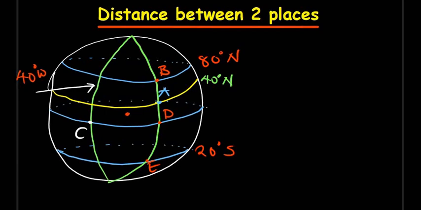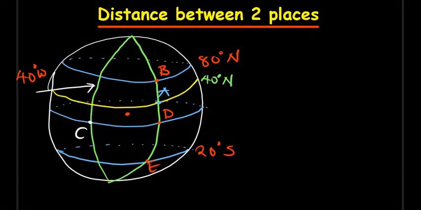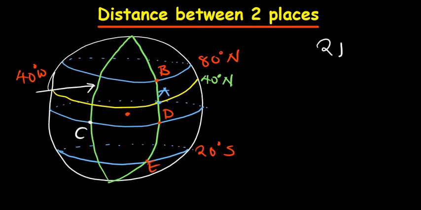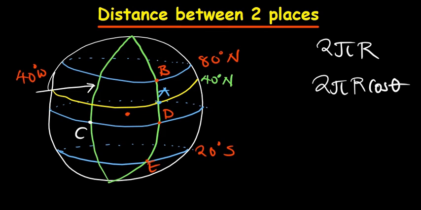The key point is that the circumference is given by 2 pi r if it's a great circle, and for a small circle r just becomes r cosine of theta. R is the radius of the Earth, which is a constant. In nautical miles the radius is 3,437 nautical miles. In kilometers it is 6,370 kilometers.